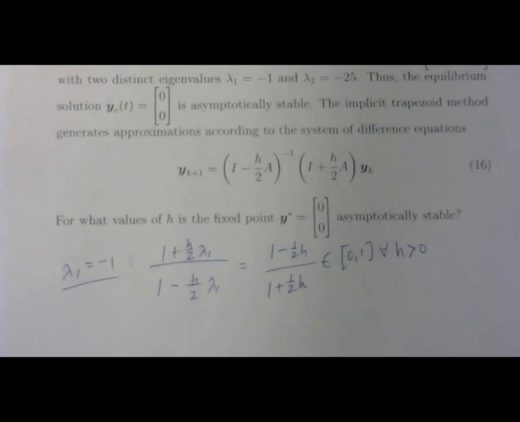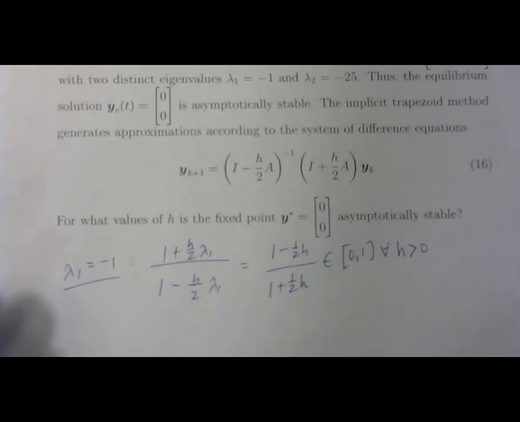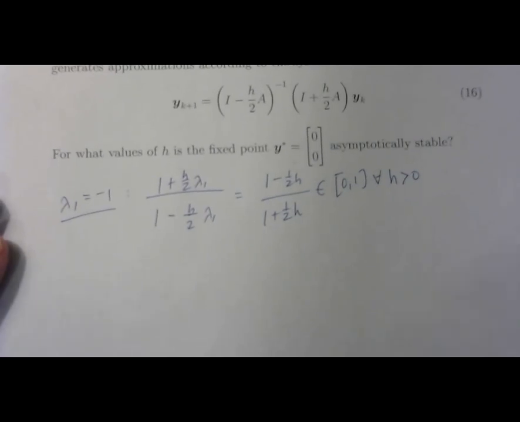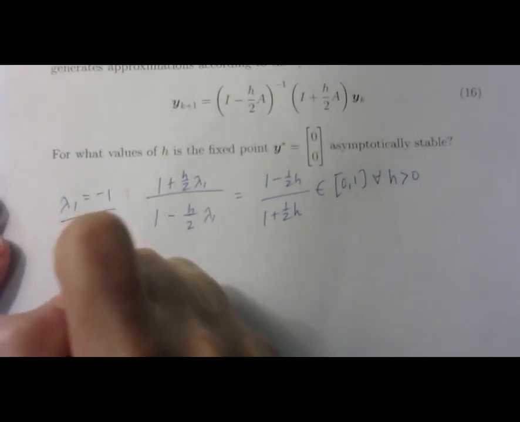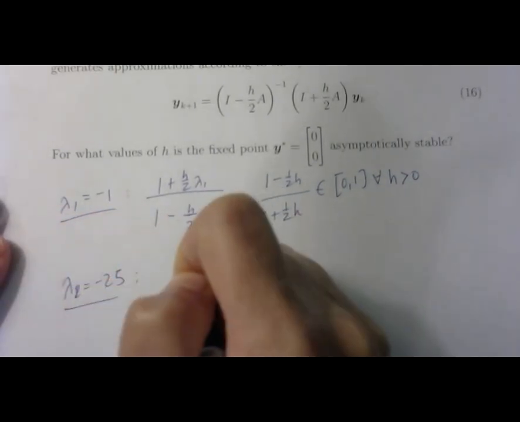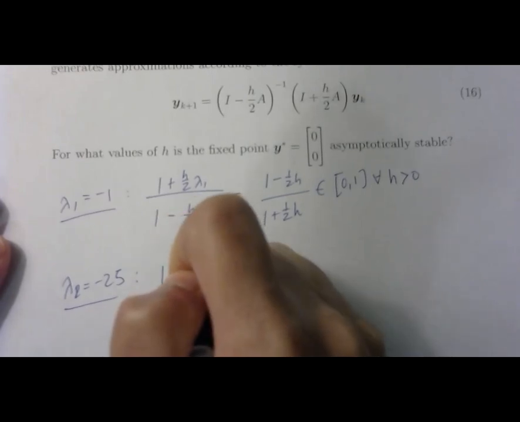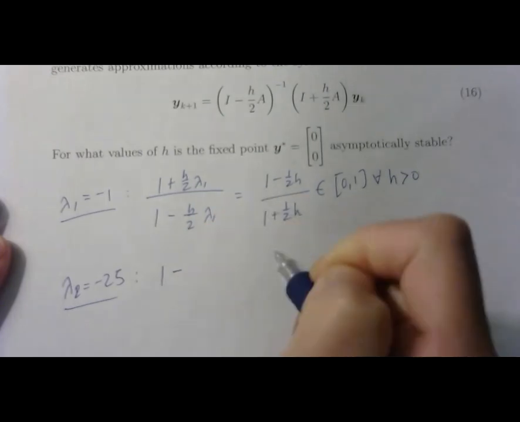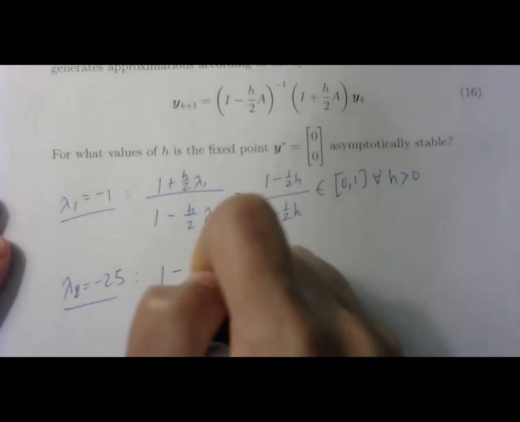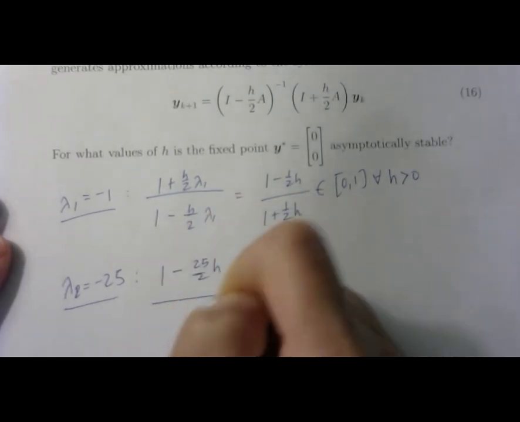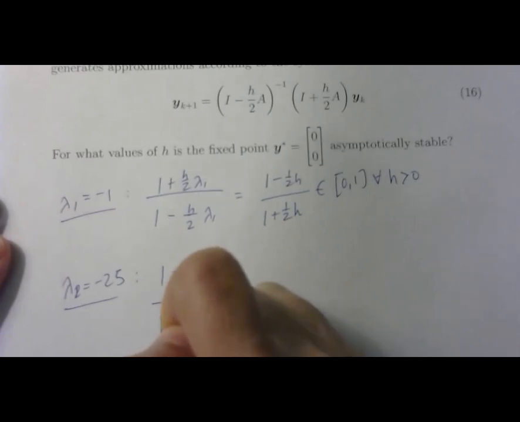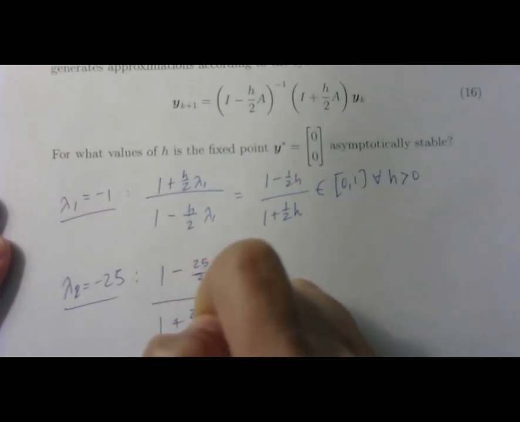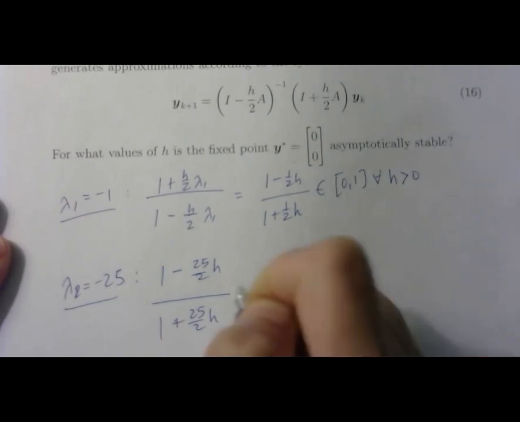Let's see. Let's take a look. Oh, and actually, while we're at it, let's write out what we should have for lambda 2 is minus 25. So in that case, I have 1 minus 25 over 2 h, and then 1 plus 25 over 2 h.